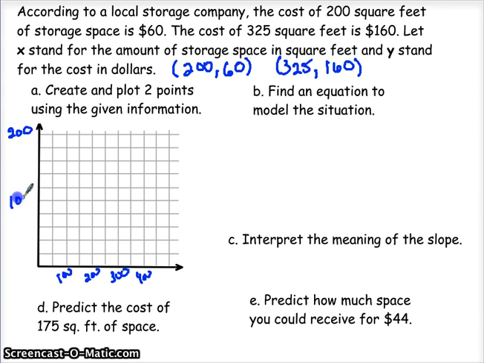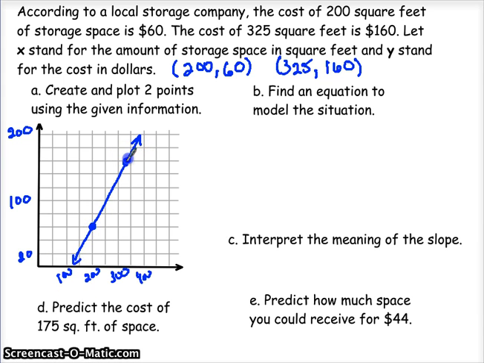So halfway up will be 100, and we're essentially counting by 20s. So that means that we're going to go up to 200, 60, and 325, so halfway here, and up to 100, 120, 140 is 160. And essentially we've got a nice graph that we can draw a line through.